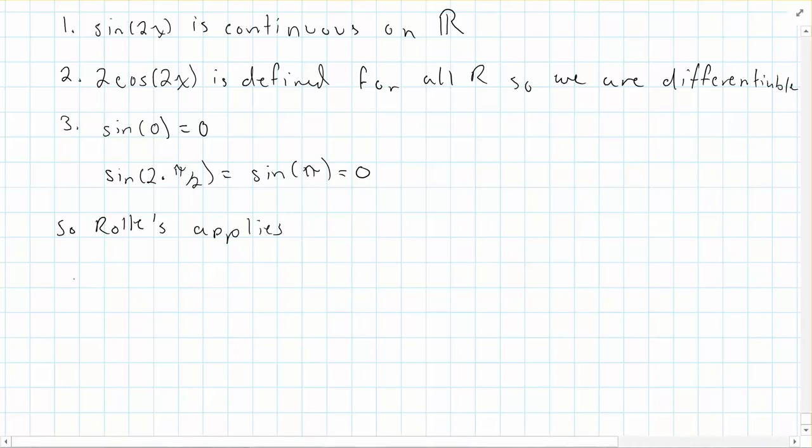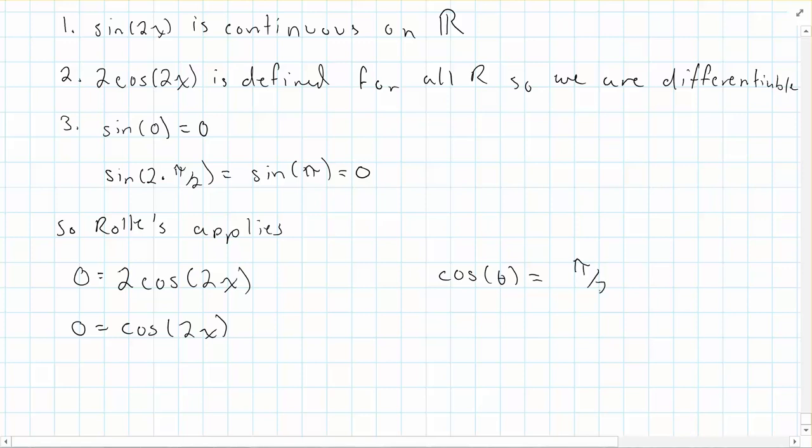So we already have my derivative, it's 2 cosine 2x, so I just need to know when 0 is equal to 2 cosine of 2x, or we need to know when 0 is equal to cosine of 2x. And remember, cosine of theta is equal to 0 for pi over 2 plus n times pi.